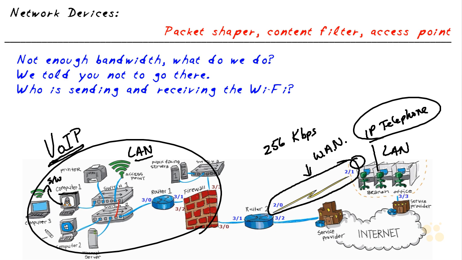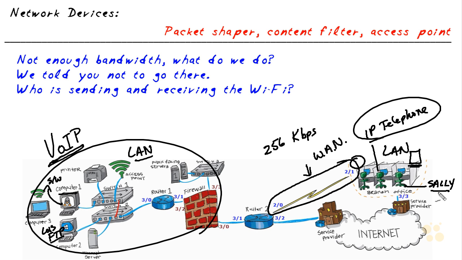So back to our scenario, we've got this voice call that's happening. Let's say we have another user, let's say it's Lois here, and let's say that Lois is sending a huge file transfer between her computer and some server that's over here in the branch office. And maybe we're using FTP, which is the name of a protocol for file transfer protocol that can be used to move files.